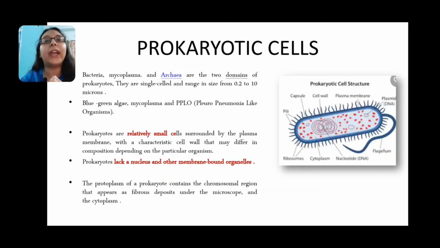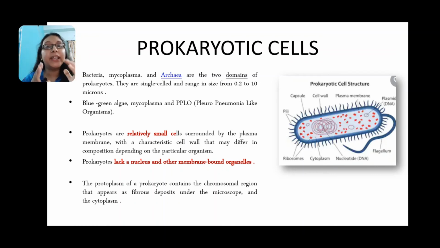What are prokaryotic cells? Bacteria and mycoplasma are the main forms of prokaryotic cells. Besides these, we have the blue-green algae and the PPLO. What is this PPLO? PPLO stands for pleuropneumonia-like organisms. Remember, PPLO is the smallest known organism, okay?